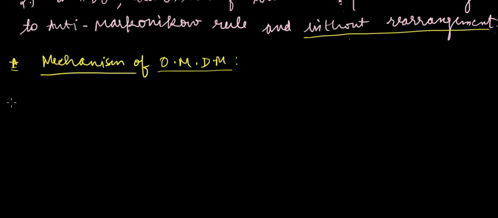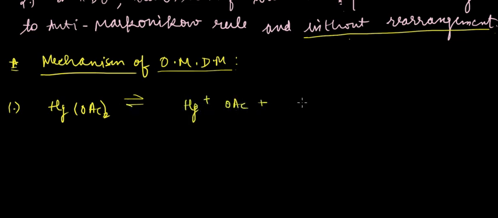Let's see the first step wherein we passed Hg(OAc)2. This will disintegrate into Hg+ OAc, and acetate ion will be formed because it's a very good leaving group. Okay, it's a stable compound.